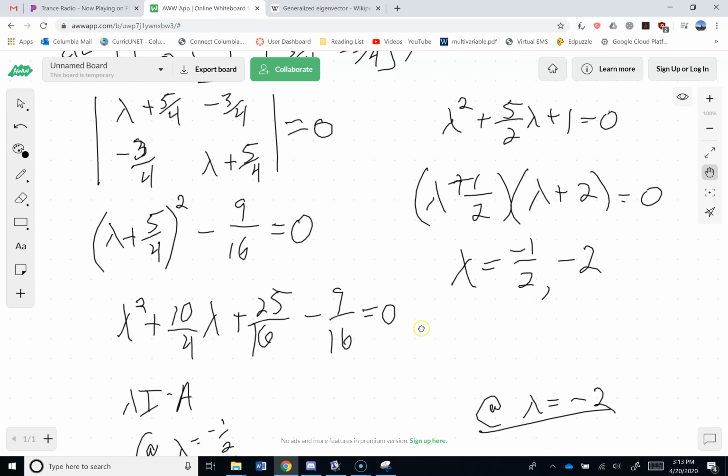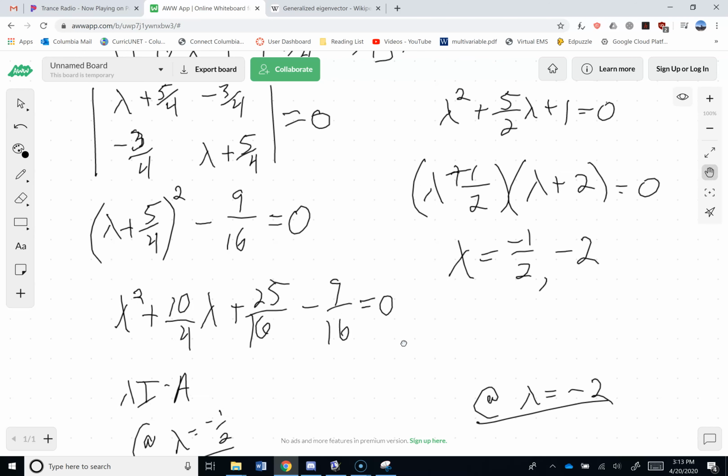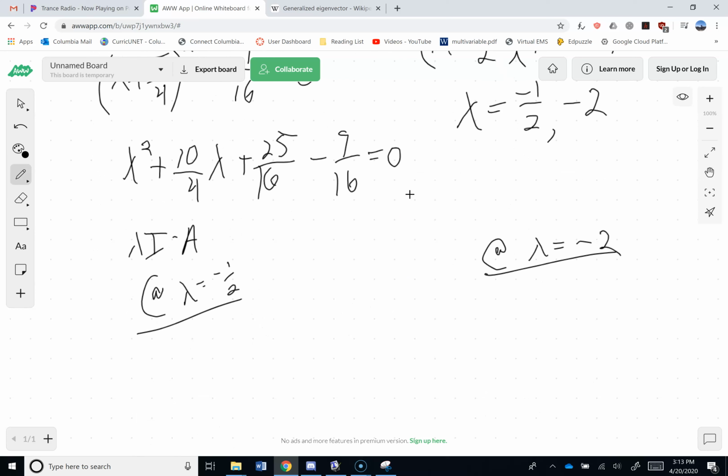Okay, so I need my matrix, which is minus 1/2 plus 5/4, minus 3/4, minus 3/4, and minus 1/2 plus 5/4.